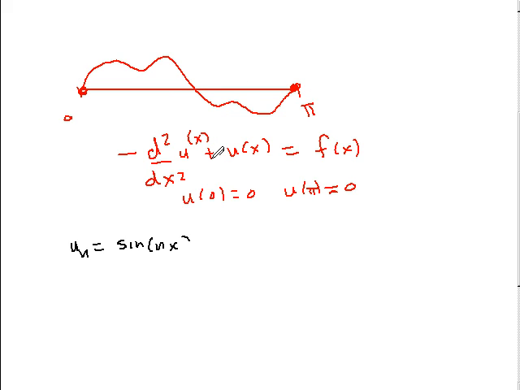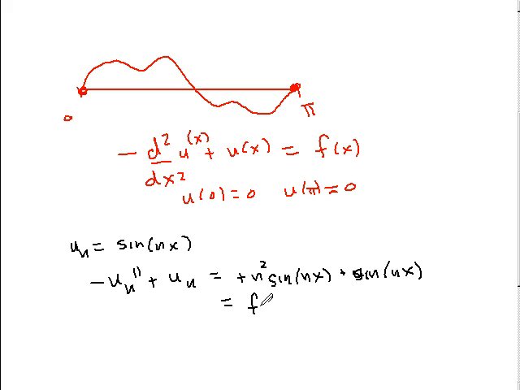But if I put it into this equation here, what is minus the second derivative of u plus u? Well, what's the second derivative of sine nx? It's minus n squared sine nx, so this is plus n squared plus 1 times sine nx.